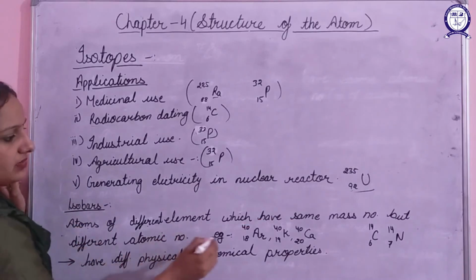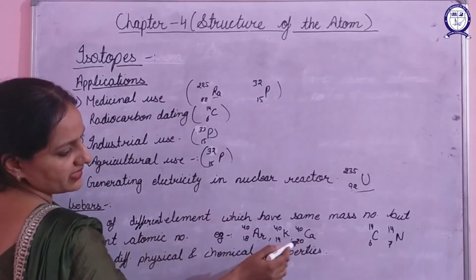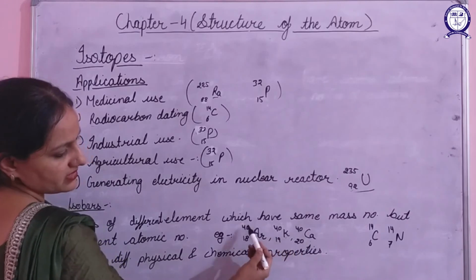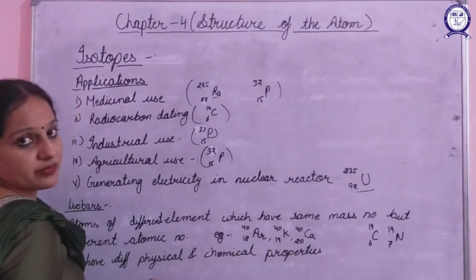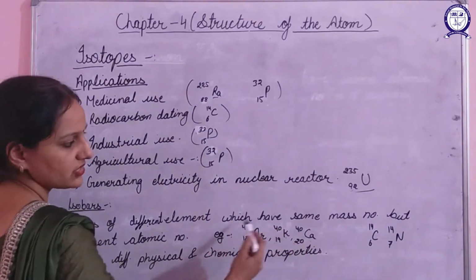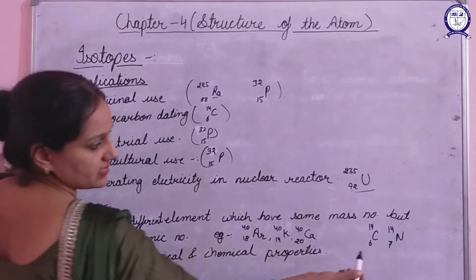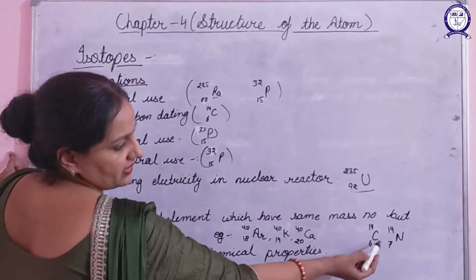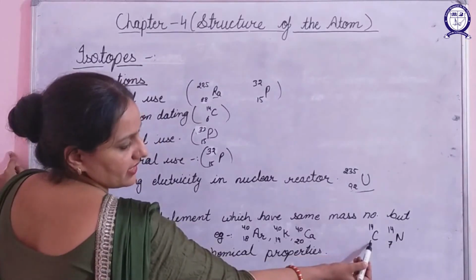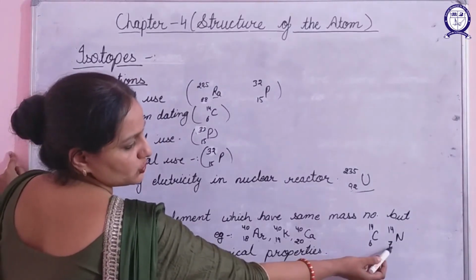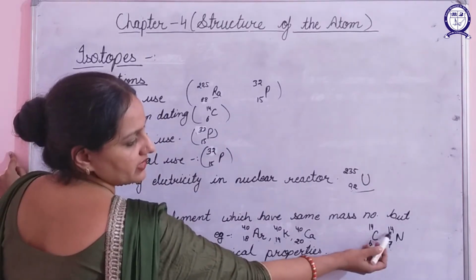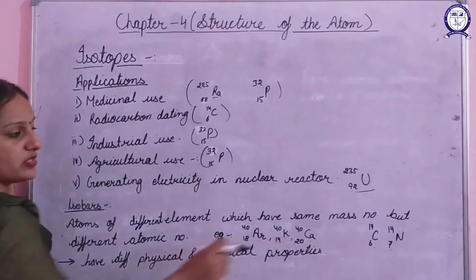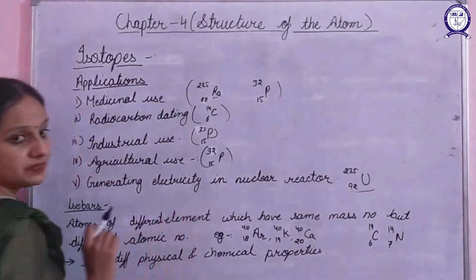For example, argon, potassium and calcium: their mass numbers are the same and their atomic numbers are different, so they are considered to be isobars. Another example is carbon and nitrogen. This is nitrogen and this is an isotope of carbon. Their atomic numbers are different but their mass numbers are the same, so these two are also considered isobars.